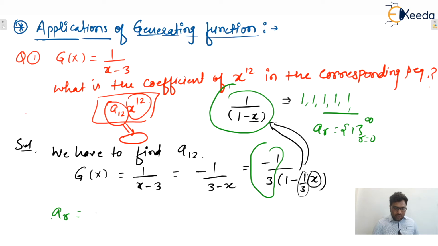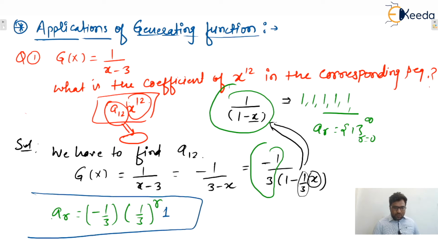In that a_r, minus 1 by 3 will be multiplied. Also x is multiplied with 1 by 3, so that gives 1 by 3 raised to power r, and a_r is 1. So we write 1 into 1, and that will be the required sequence, isn't it?